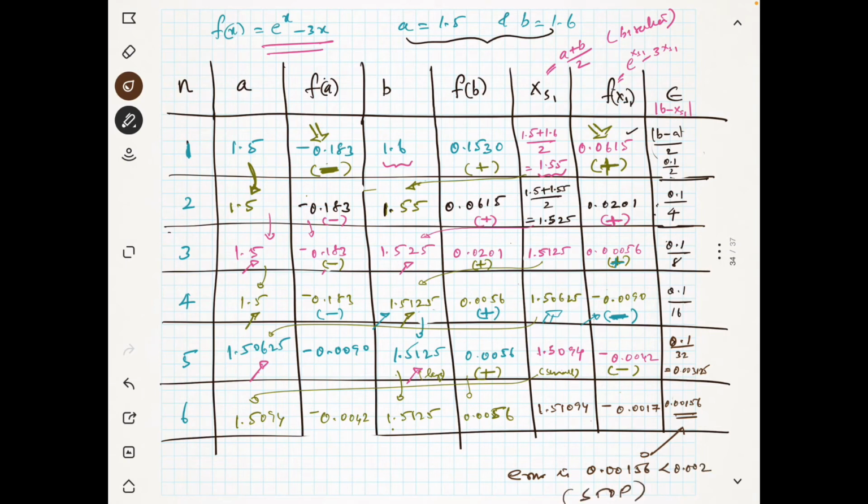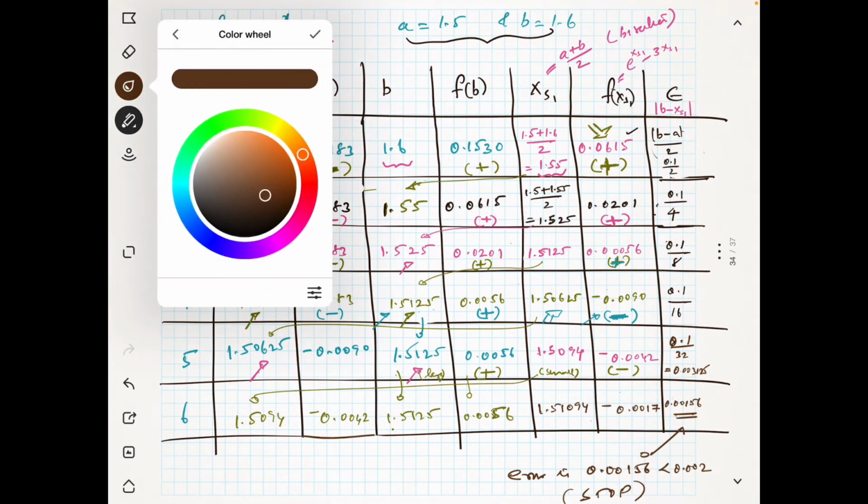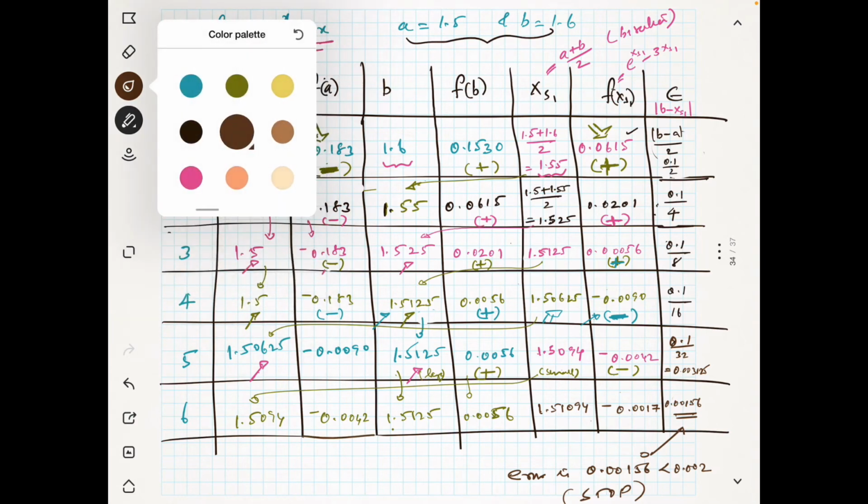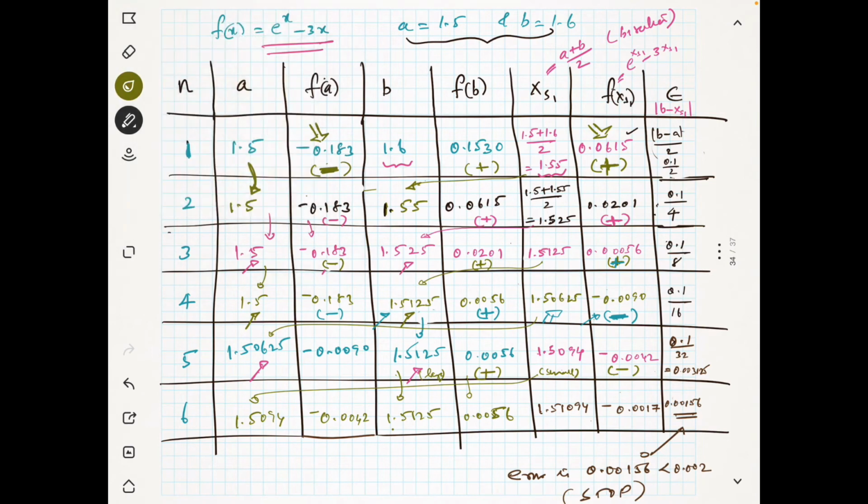If you stop the iteration, where is the answer? Your answer is our new x's. This is my solution, x's is equal to 1.51094. So this is how we are finding the solution to a nonlinear transcendental equation.